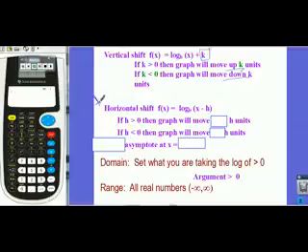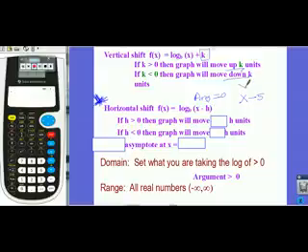Horizontal shift. Put a star by this one. What I want to do is take my argument and set it equal to 0. Whatever's with the x, set it equal to 0. If I have an argument of x minus 5, remember the equation is x minus h.